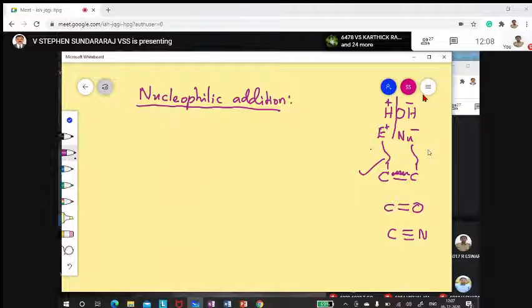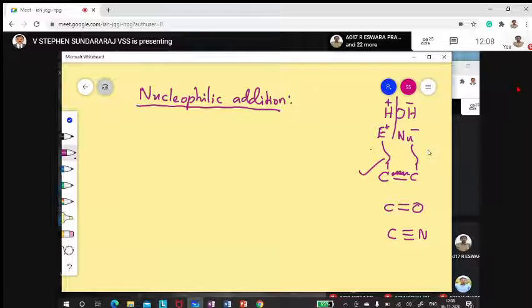Here, the question is why it is called electrophilic addition in a carbon-carbon double bond, and why here we are calling it a nucleophilic addition, even though both electrophile and nucleophile are added. This name is given based on who will attack first, as per the mechanism proposed. Mechanisms are proposed considering stability of intermediate, hyperconjugation, inductive effect, everything.